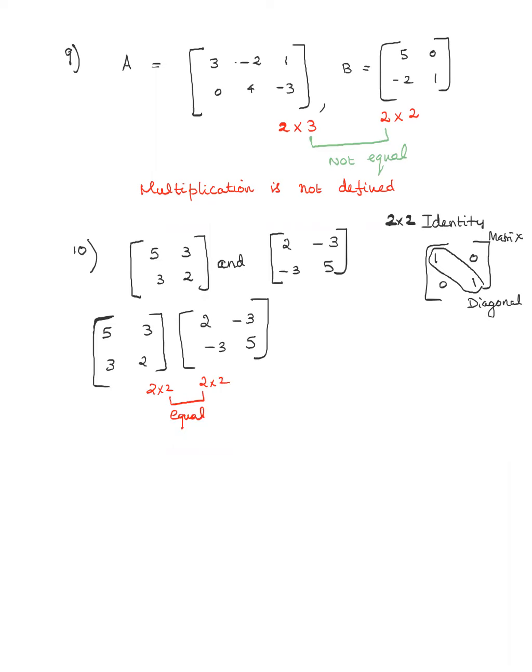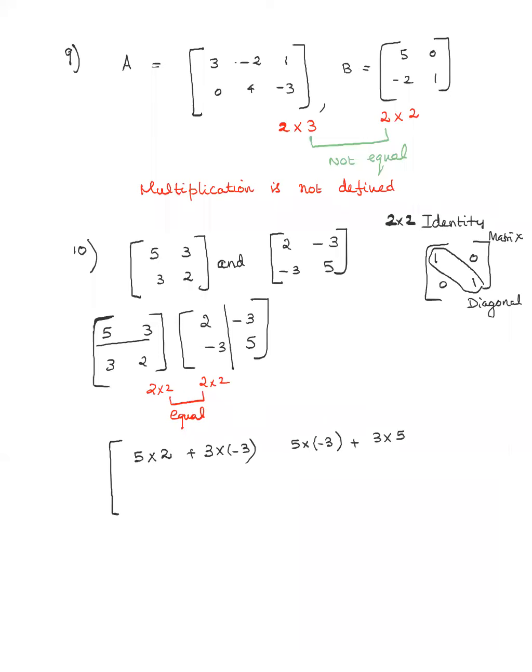Let's multiply now. You take the first row and multiply with the first column. It's going to be 5 times 2 plus 3 times -3. Then you take the first row and multiply with the second column: 5 times -3 plus 3 times 5.